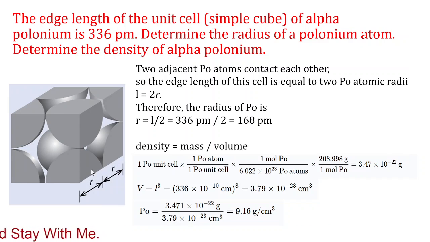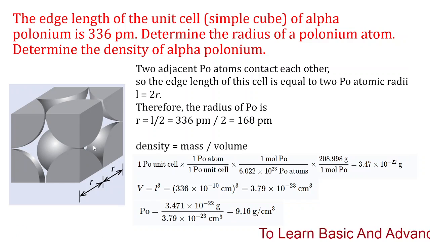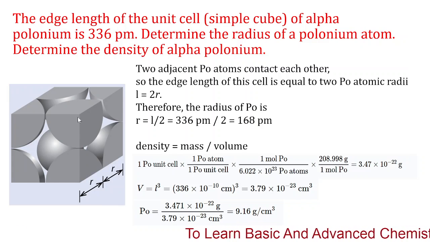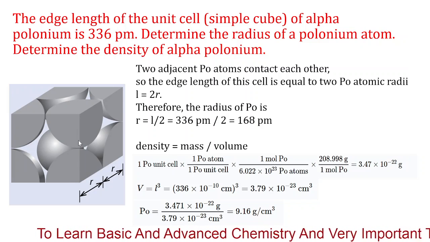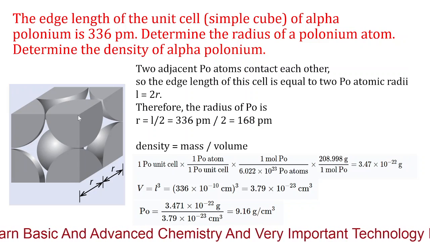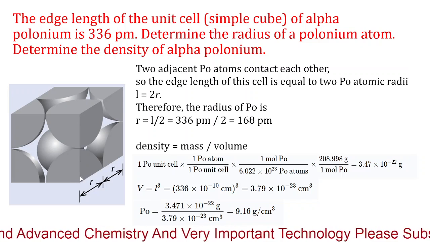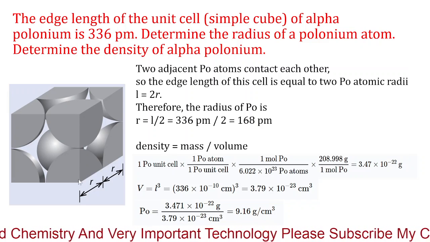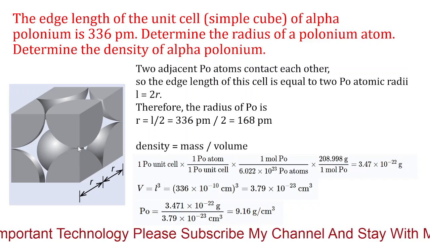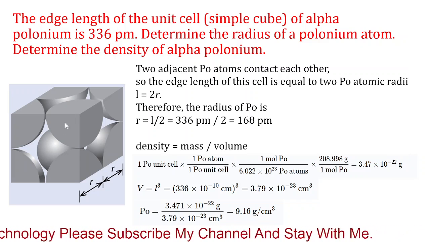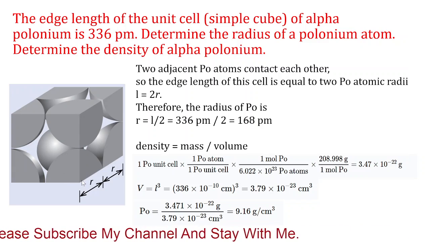If we consider that is the length of the cube or crystal, we need to see how many atoms can be kept along one length. So here we can have only two atoms, one up to this, another this atom. Therefore the radius of this atom is just half of the length of the crystal.